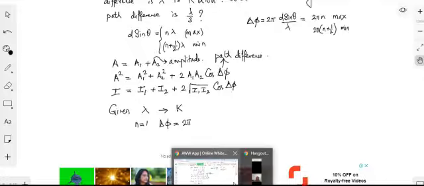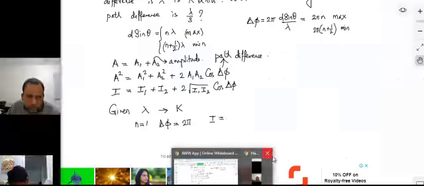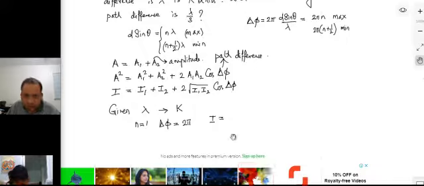So the intensity is equal to I1 and I2 are the same, so the same wave is coming through. So that's 2 times I, so it is 4 times.